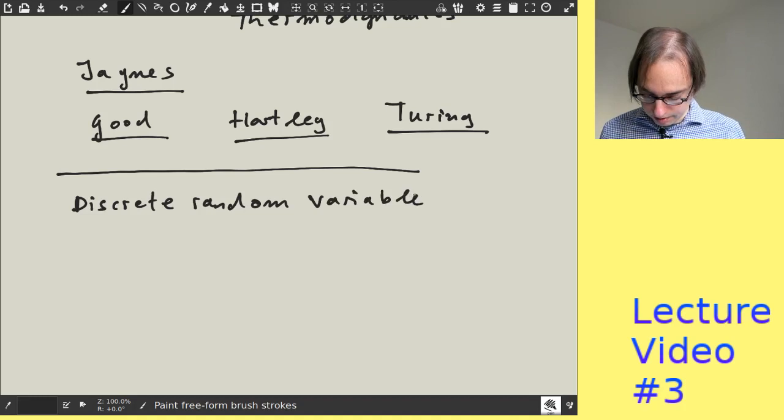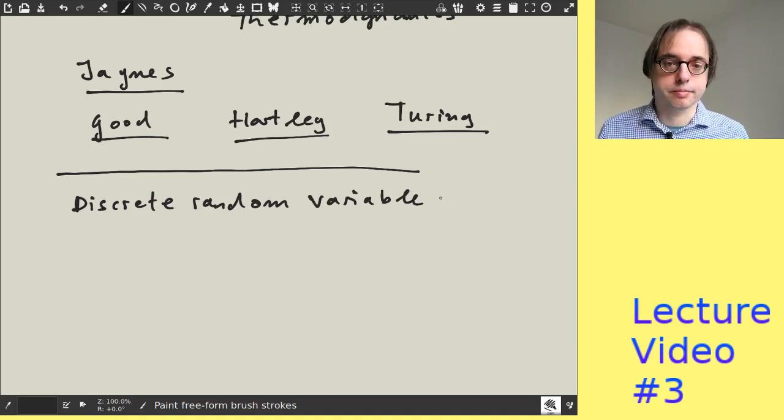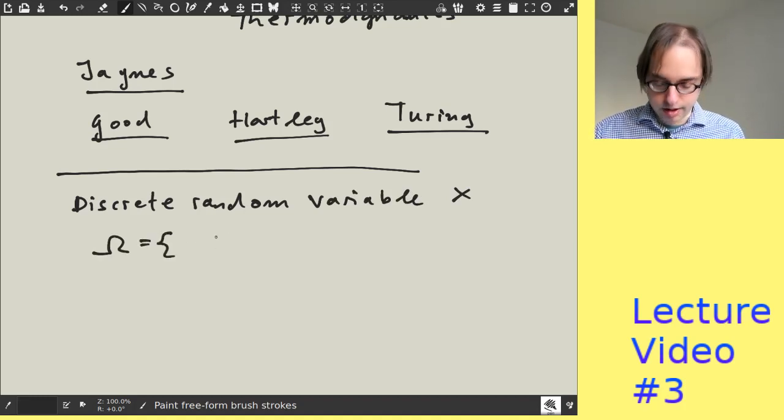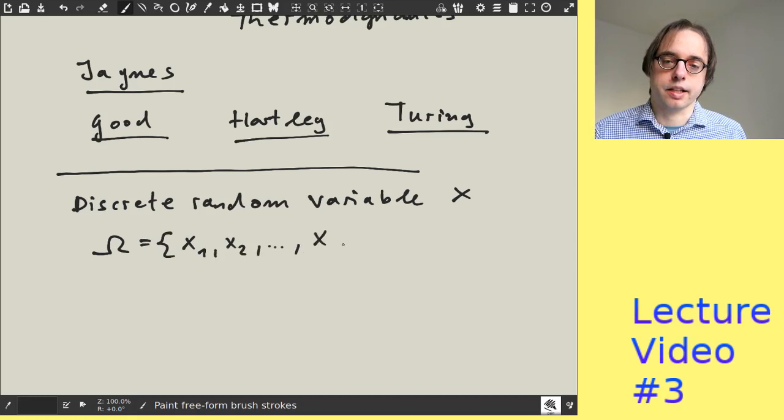This random variable x has a state space omega, and it can take states x1, x2, up to xk. So we have k options, and k is finite, and we have an associated distribution f.